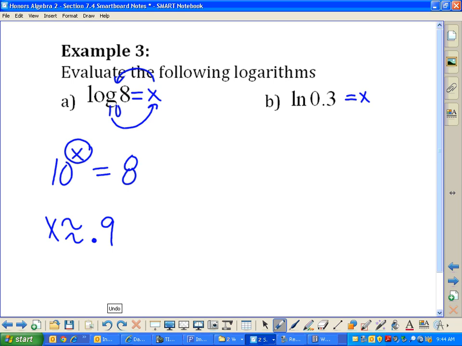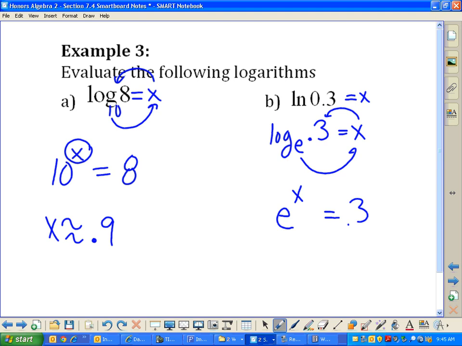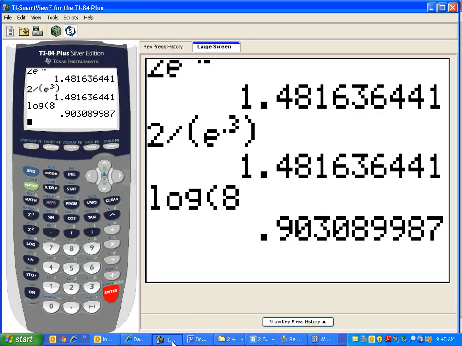If I were trying to think about this as a log, what I'm actually finding is log base e of 0.3 equals x. Doing my log cycle on this, I would totally need a calculator. You're asking your calculator to figure out e raised to what power would give you 0.3. Or that irrational number 2.72 blah, blah, blah, raised to what power gives you 0.3. So you would definitely need a calculator for that. I don't even know what it is, honestly.